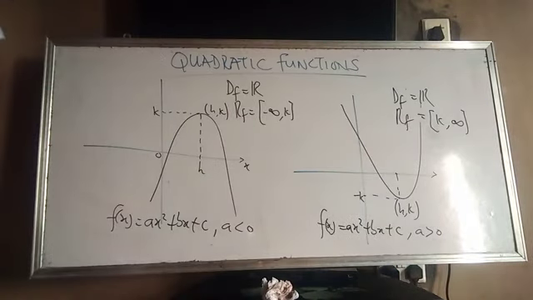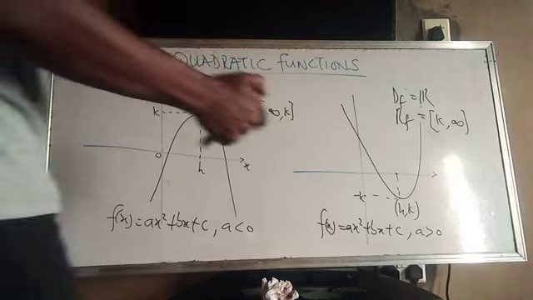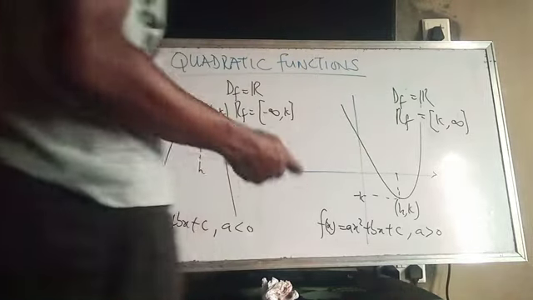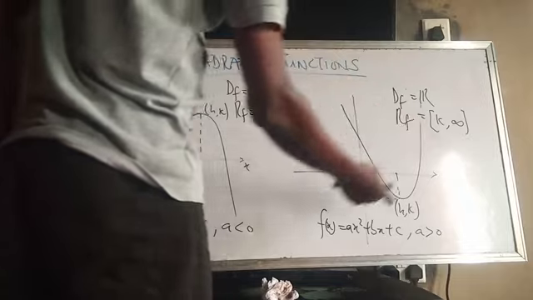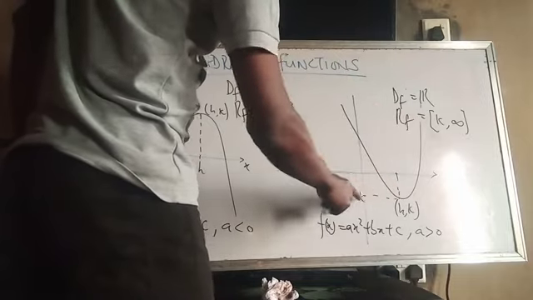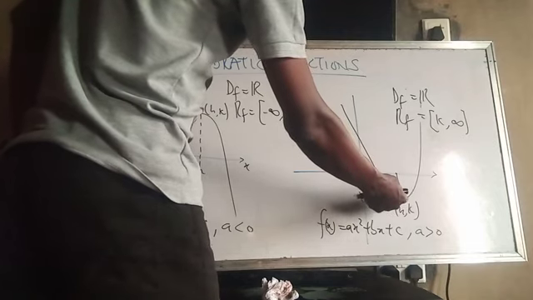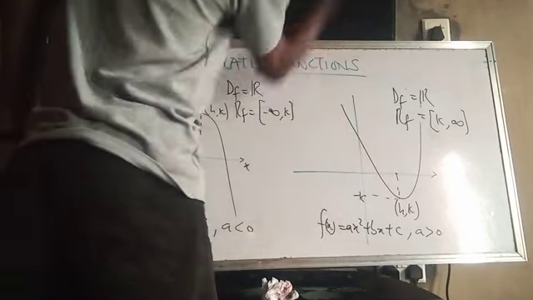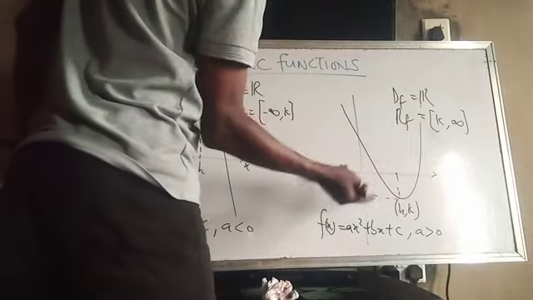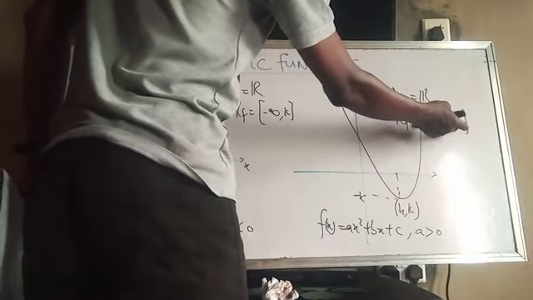Let's look at it. We are talking about the values of y. The minimum value of y here is k, because this is a minimum quadratic graph. So there are several other values of y, which is why we take the upper end to be positive infinity.